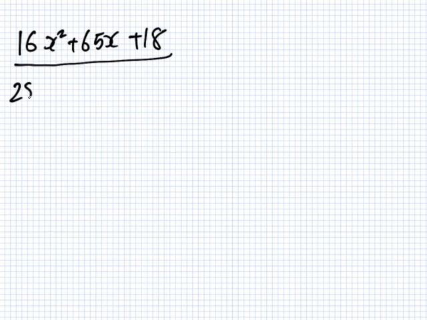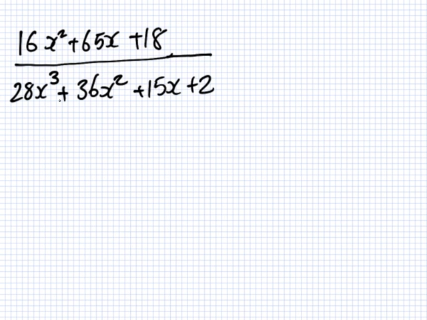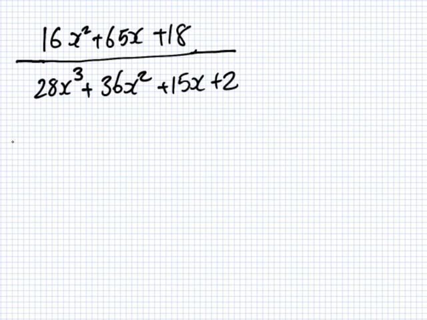H: 16x cubed plus 16x squared plus 65x plus 18 over 28x cubed plus 36x squared plus 15x plus 2 equals. So now we need to get our factors here.